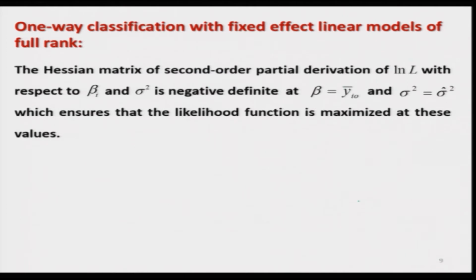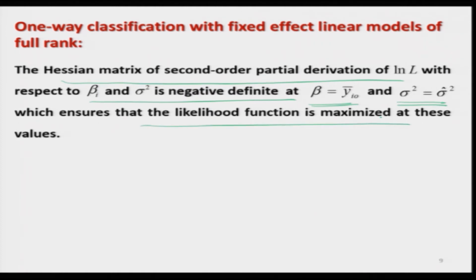And if you want to see whether these values are going to maximize the likelihood function or not, you simply have to find the Hessian matrix of the second order partial derivatives of the log of L with respect to beta I and sigma square, and it is negative definite when we take beta I equal to y bar I naught and sigma square equal to sigma square hat, and this will ensure that the likelihood function is maximized at this value.